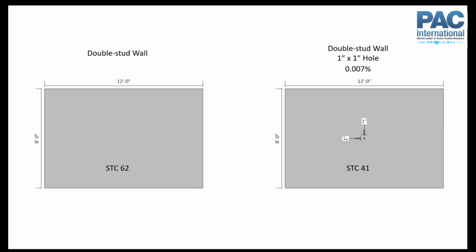So there's this little gap running along the bottom, and they had vinyl base molding or something that even covered that up. There was no obvious gap, but you could hear the sound coming through there. If you took a business card, you could slide it underneath. So again, it does not take much. It doesn't take a big gap to have a big impact on the acoustical performance of your wall assembly.